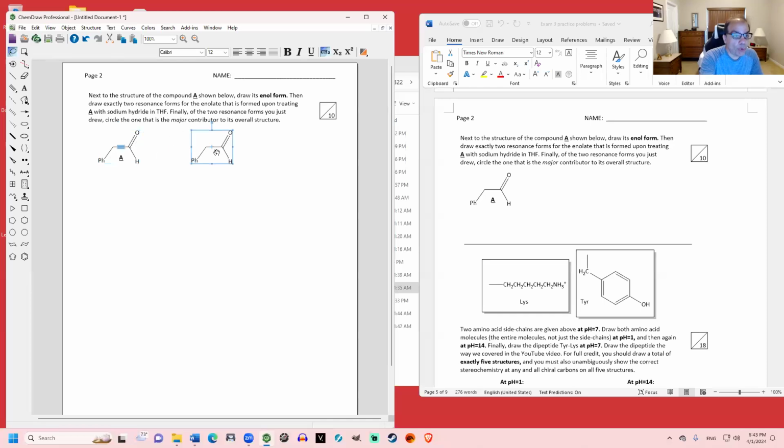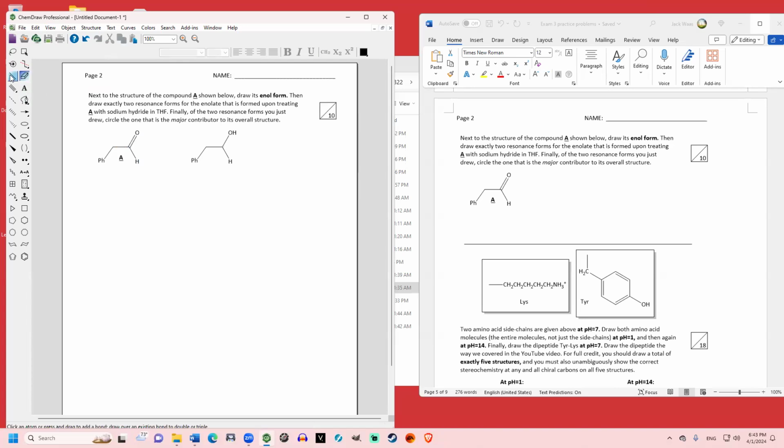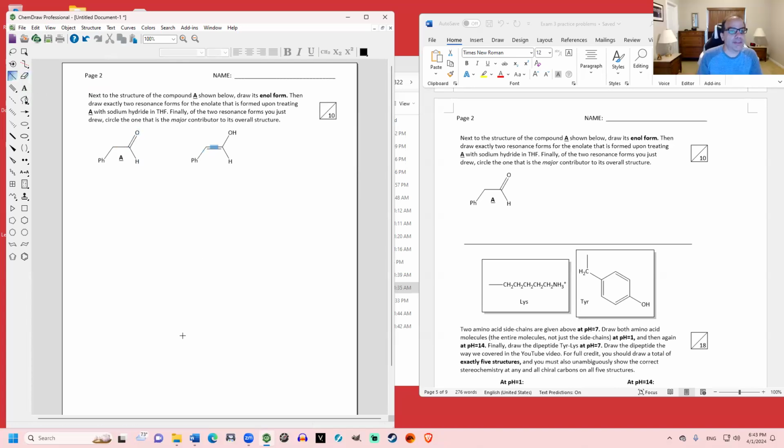To make the enol form, I can essentially do it with 2 mouse clicks. There's your enol. You change C double bond O to C single bond OH, and you put a double bond right next to it. You should get a structure that's an isomer of the keto form.